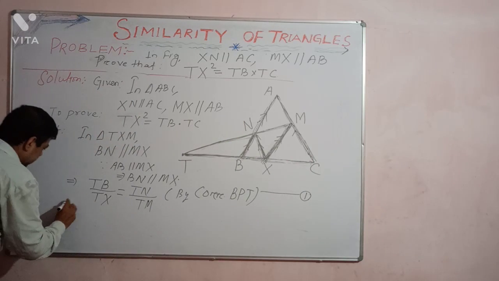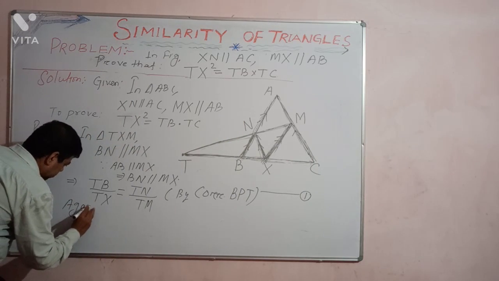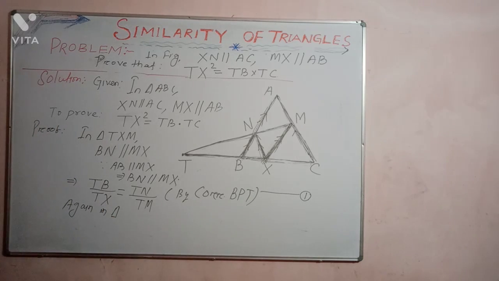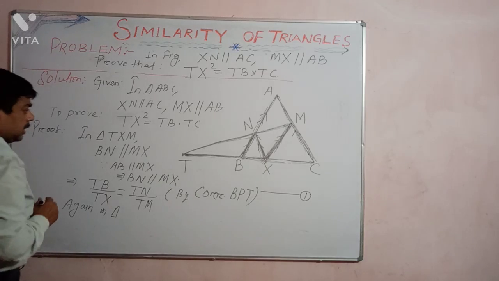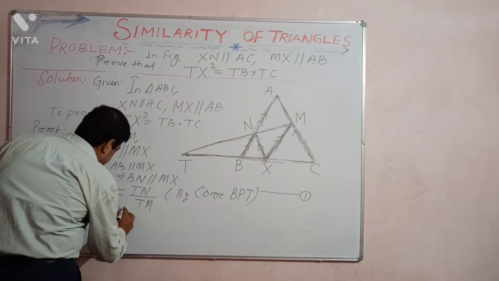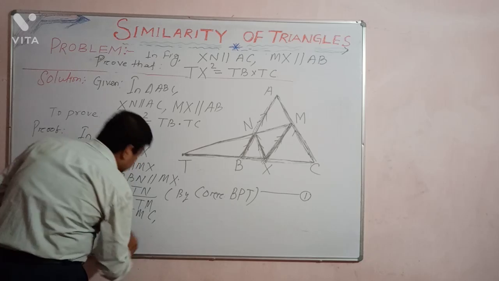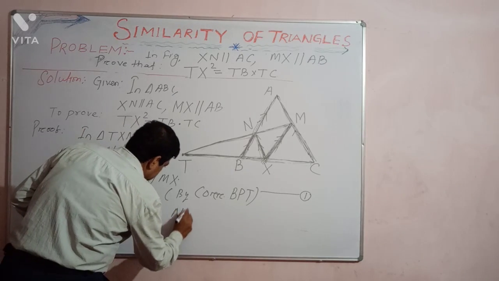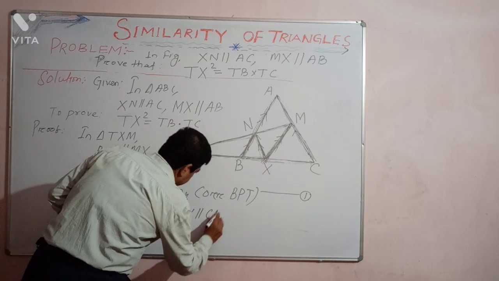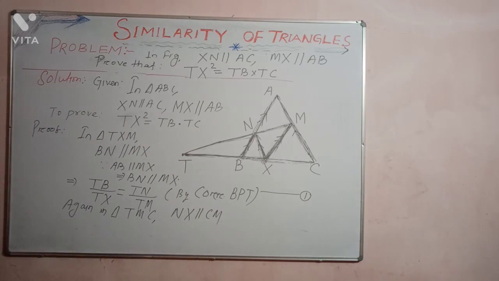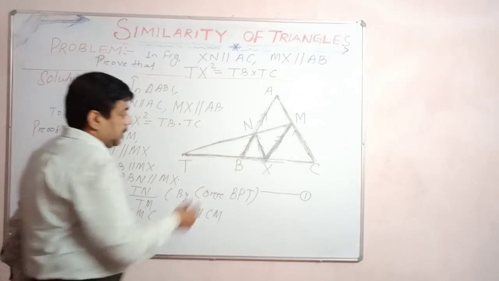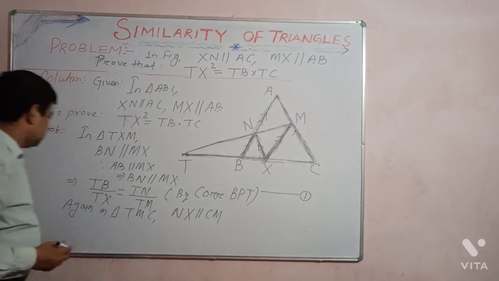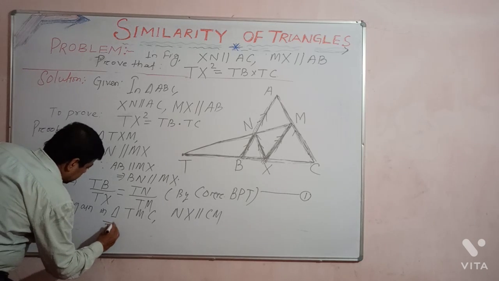So again in triangle TMC, NX is parallel to CM, because CM is a part of AC and NX is parallel to AC.